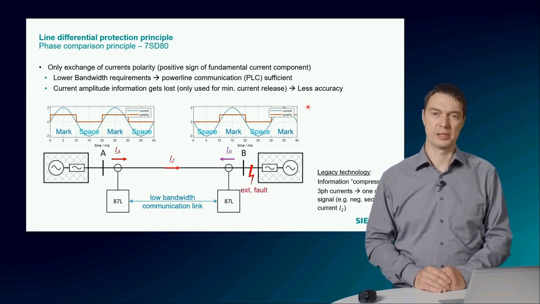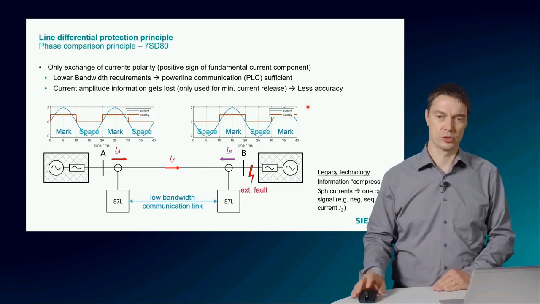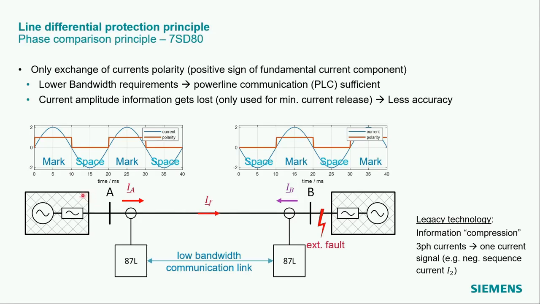In this example here, we consider an external fault condition. If the measured current is positive, we transmit a signal to the remote end, which is here called mark. Otherwise, no information is sent. Space.